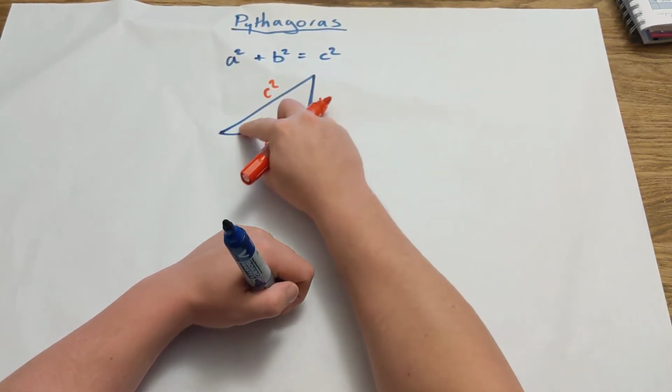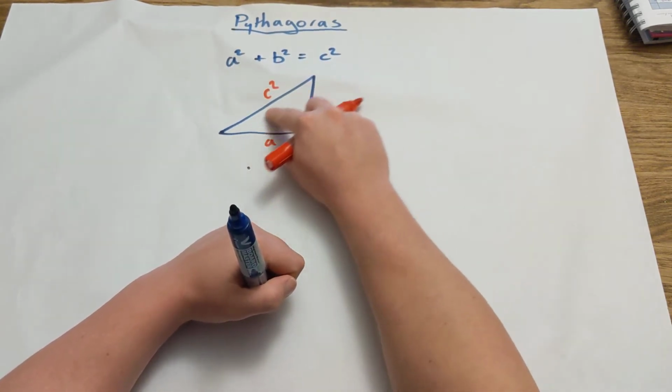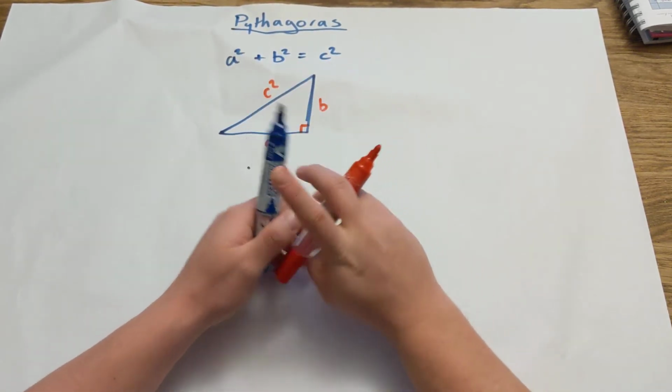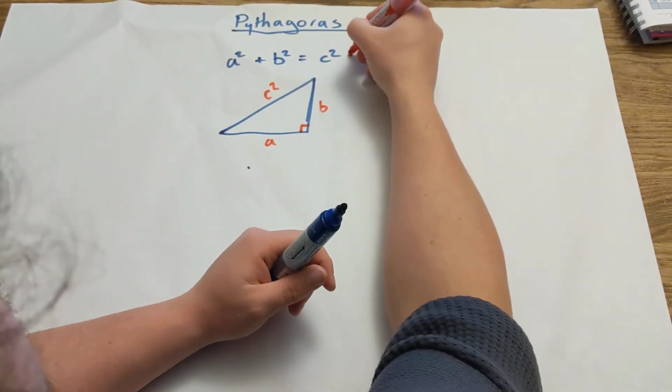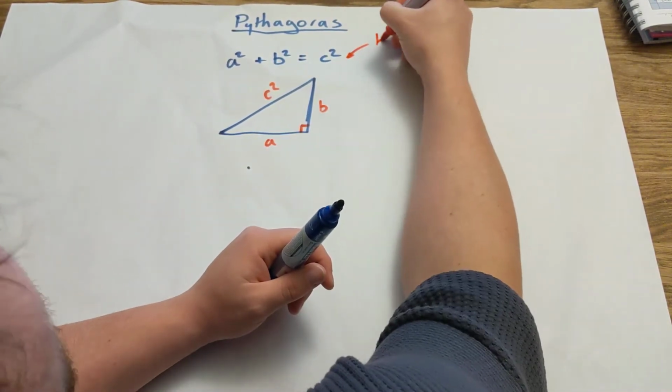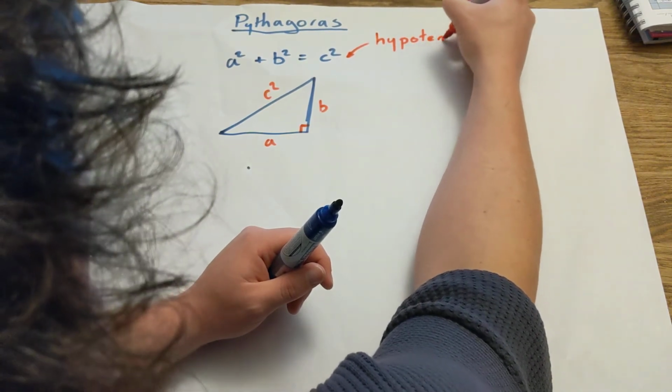That's why these two add up to make this, because this is always the longest side of a right-angled triangle, and remember, we call that the hypotenuse.